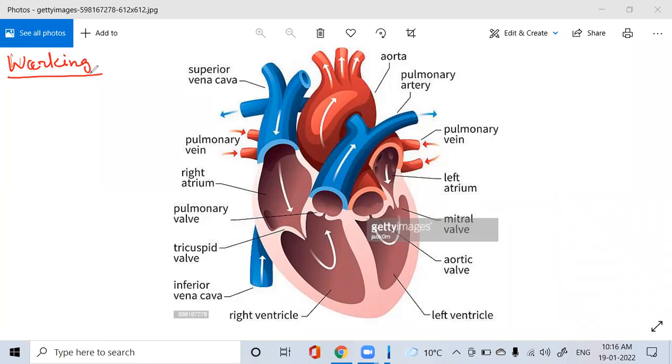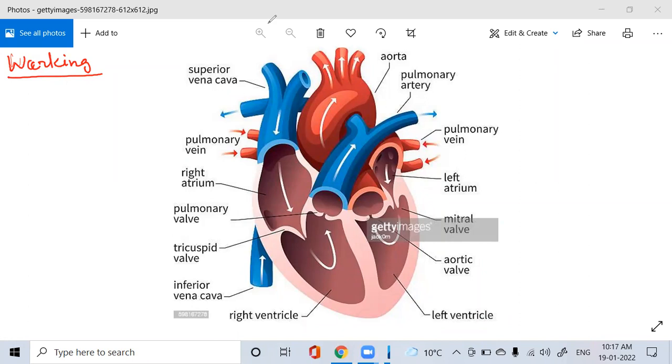We know that the heart actually consists of two pumps working together, one on the left side and one on the right side. Very, very important.